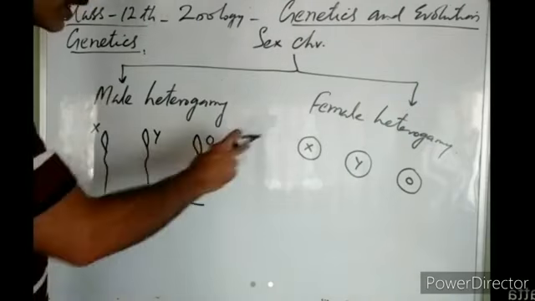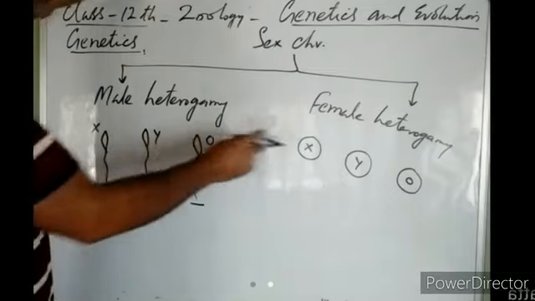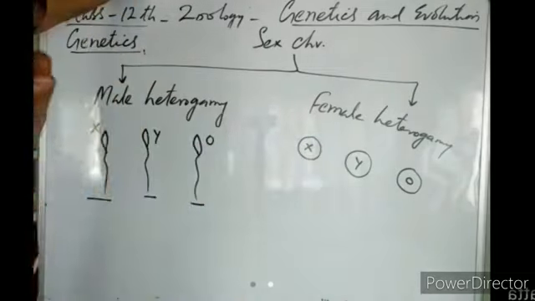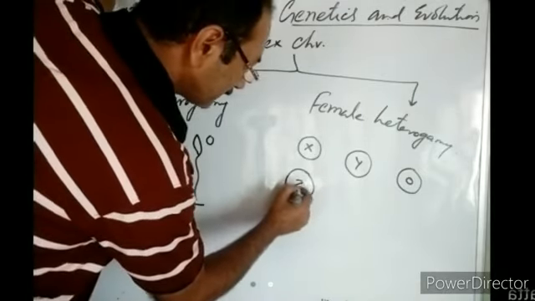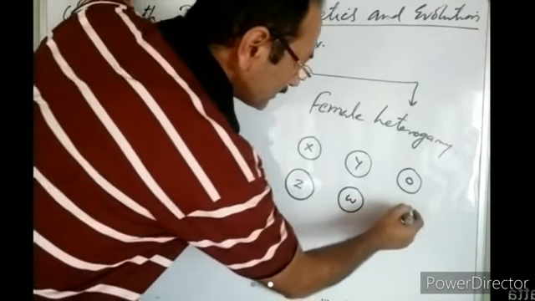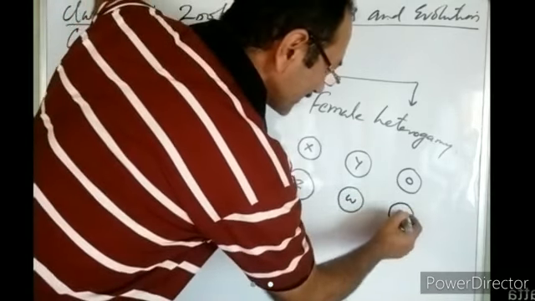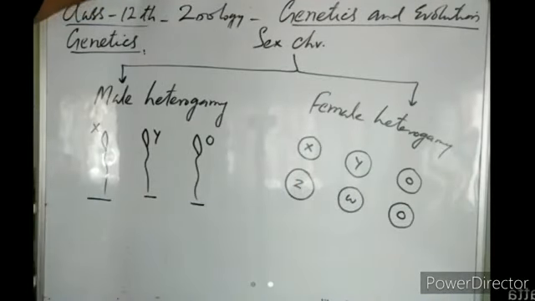So, in order to avoid confusion, because we say XY0 here and XY0 here, in this condition X is represented by Z, Y is represented by W, and 0 is represented by 0, right? So we change the notation in females.